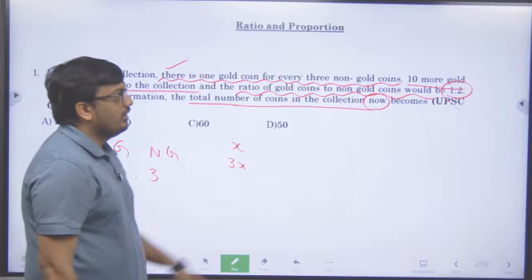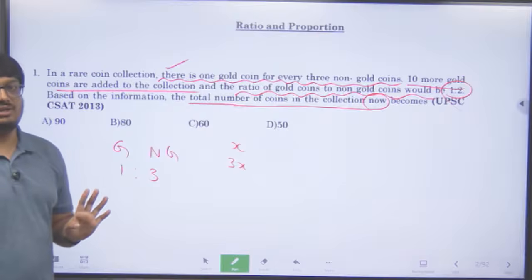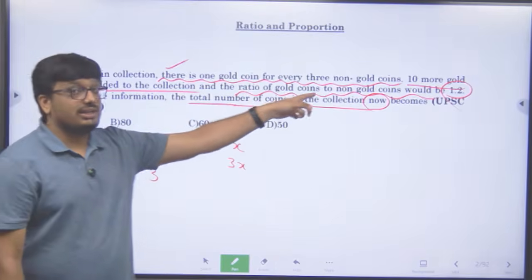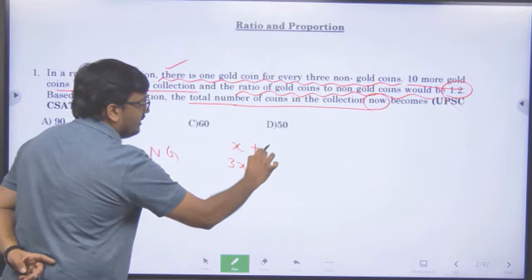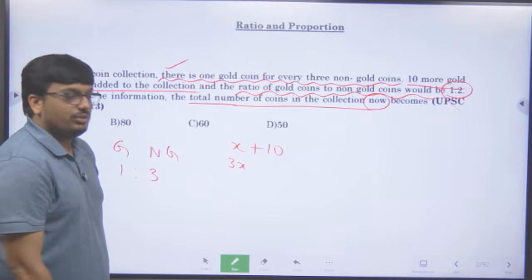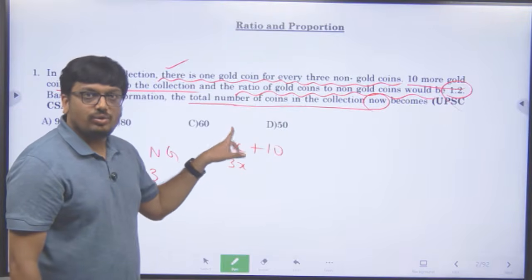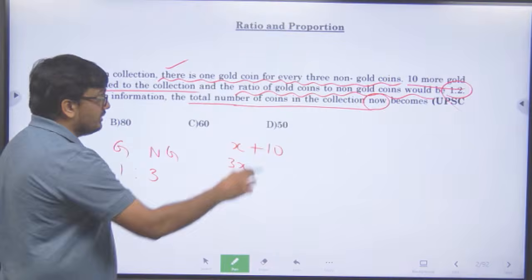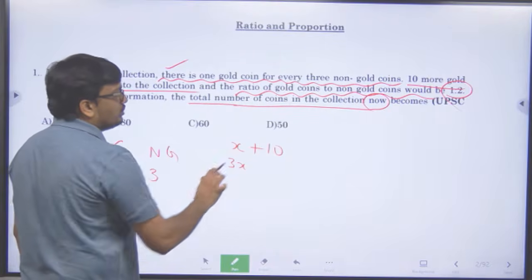Full stop. 10 more gold coins are added to the collection. Here X is gold coins, so just add 10 to this; don't add 10 to non-gold coins. 10 gold coins should be added to the gold coins only.